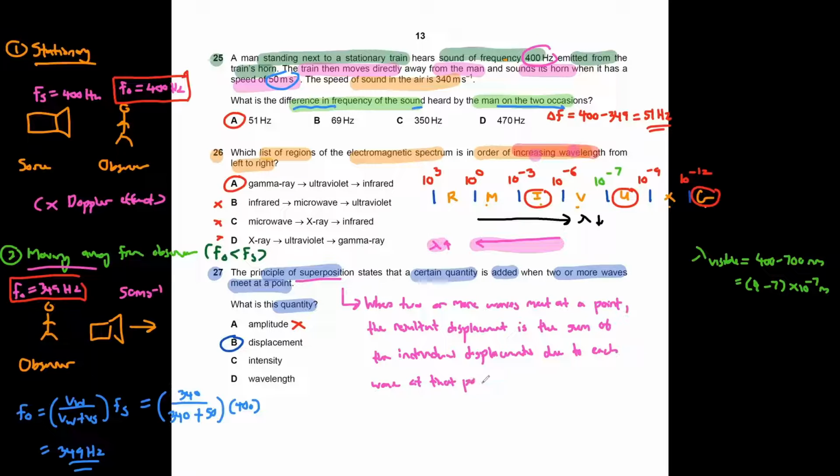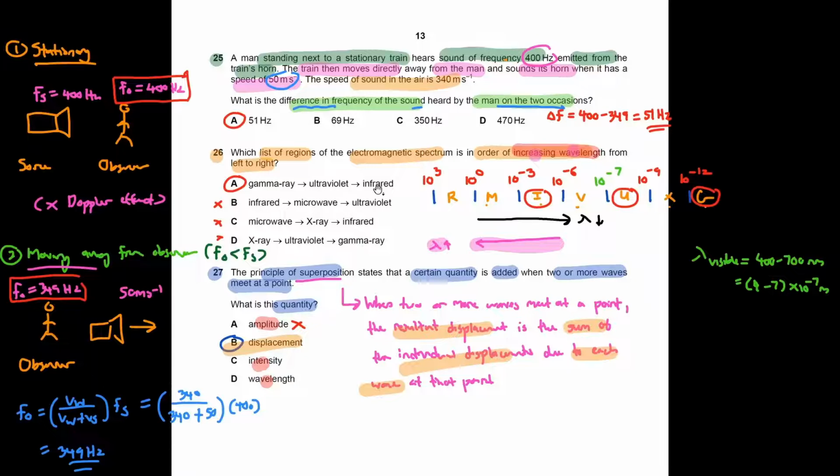And that's what principle of superposition actually is. You are really talking about the resultant displacement being the sum of individual displacement due to each wave at that particular point. Okay, so the answer is rightly going to be B. Okay, they are not talking about amplitude. Neither are they talking about intensity nor wavelength. All right, so this is question 27.